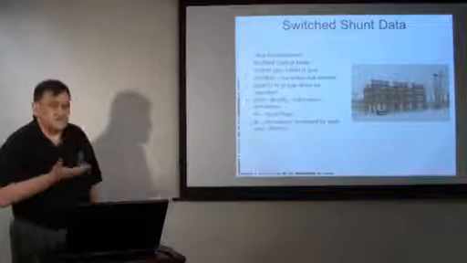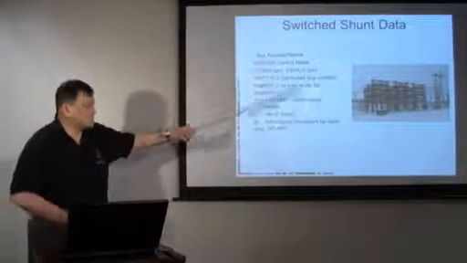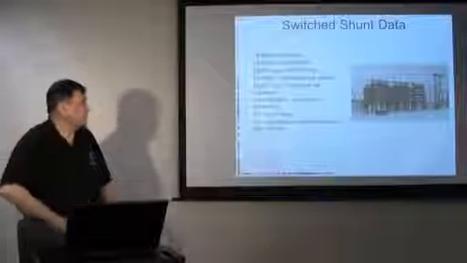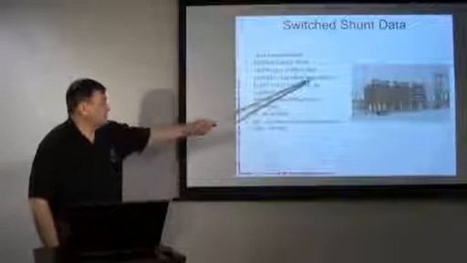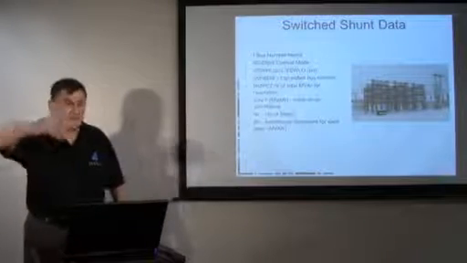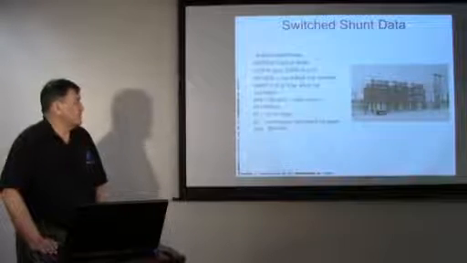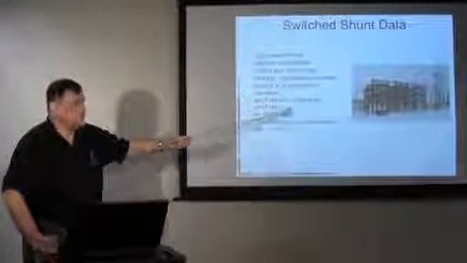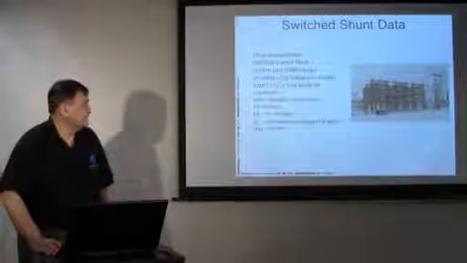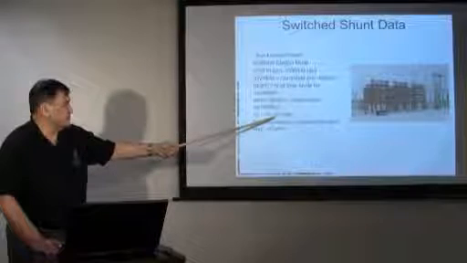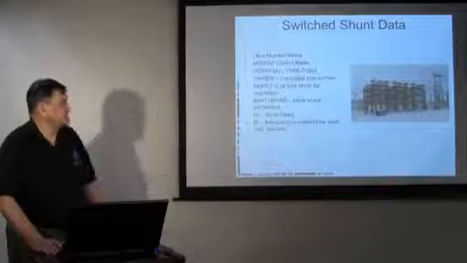If it is controlling voltage, what are the tolerances for the high and the low that it will allow as a bandwidth? We have to specify the bus where the voltage is being controlled. If we have multiple capacitors on the same bus, then they all pick up a percentage of that. It may start out at an initial value, and it may have a number of steps, and there may be an admittance for each step.